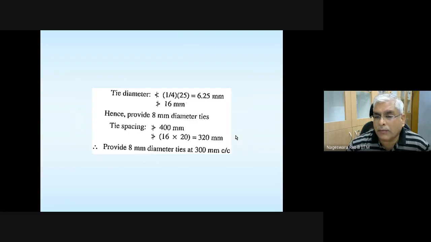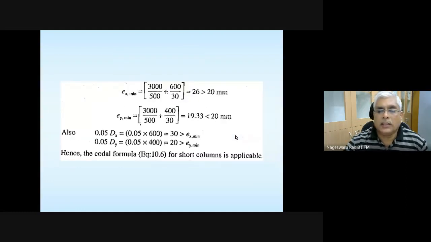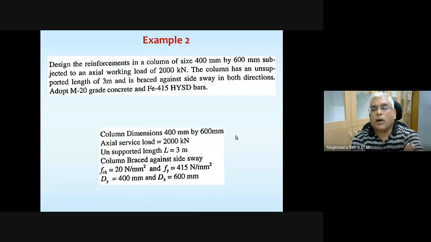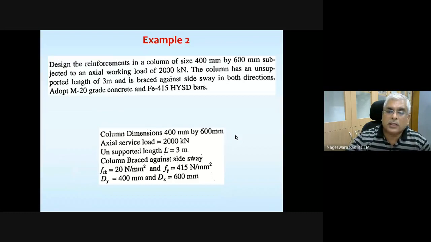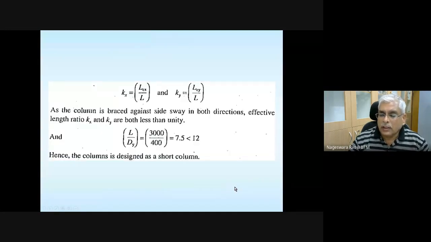So the design of a column that we looked at is only for short axially loaded columns. So axial load is considered here. Before you adopt the procedure given under short axially loaded columns in IS 456, make sure your column is short, and for that you need to make all the checks. Also, minimum eccentricity should not exceed a certain value given there.